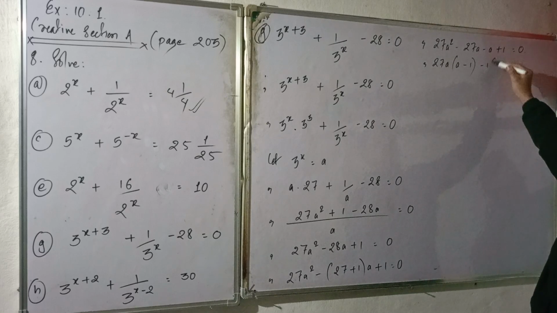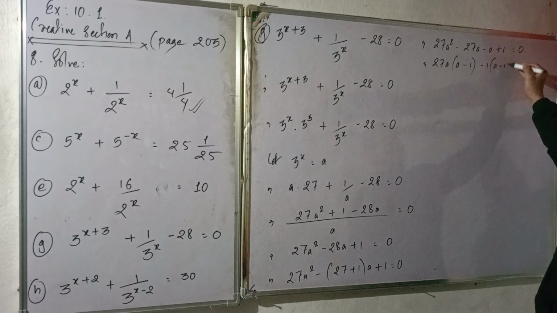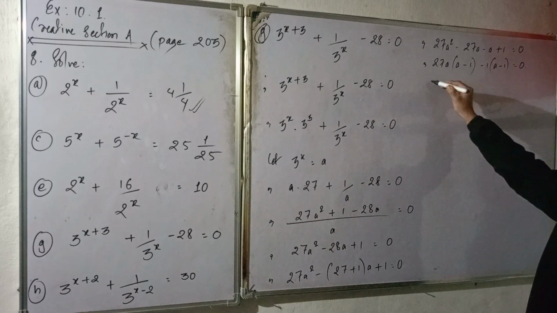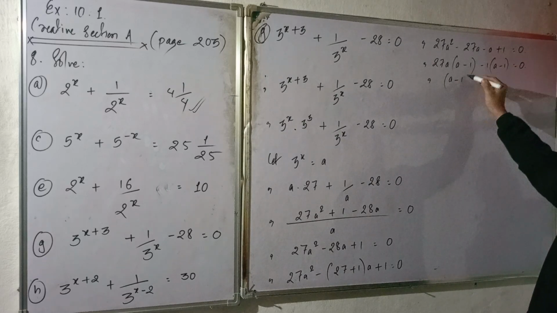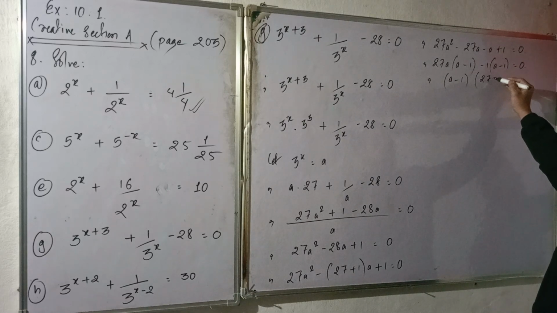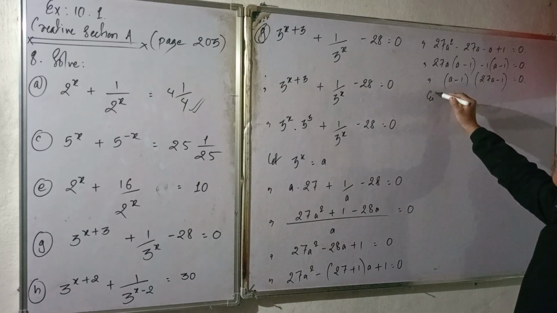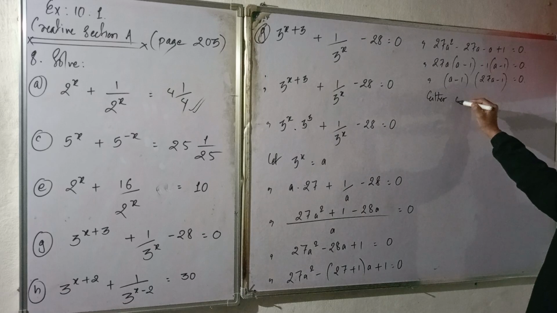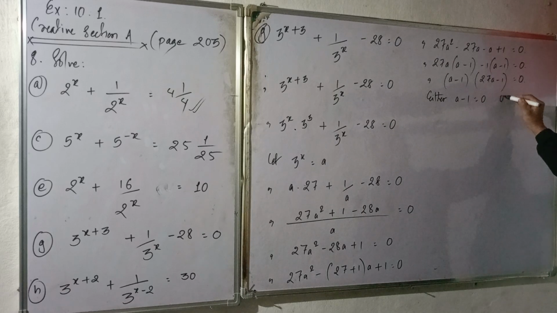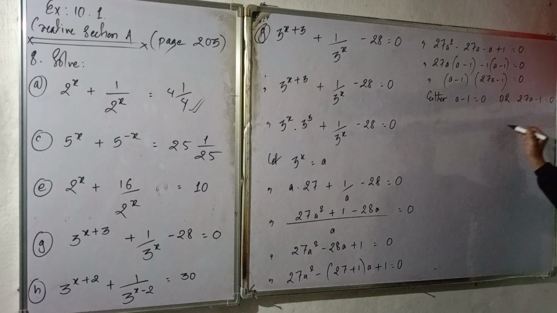Here nothing means take minus 1 common. So a minus 1 times 27a minus 1 equals to 0. Now you can take either a minus 1 equals to 0 or 27a minus 1 equals to 0.